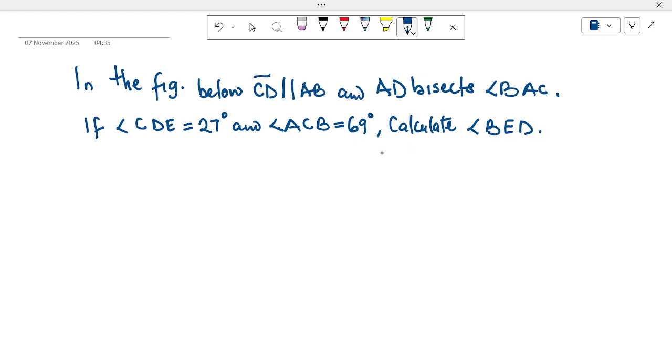That is the question. And we have a diagram like this. Don't mind my drawing, it is just a freehand sketch. It may not be that accurate.